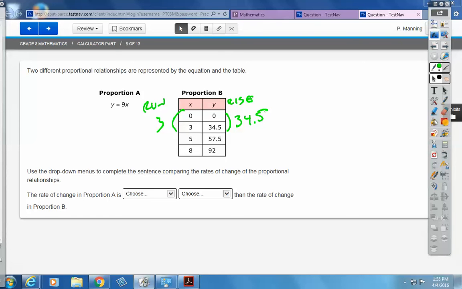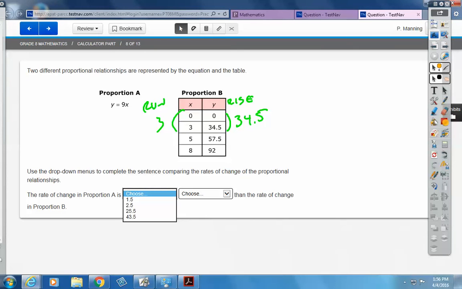And so let's go ahead and divide this out. Well, I should probably read the directions first. Use the drop-down menu to complete the sentence comparing the rates of change. So we have to find the rates of change, the slope. And this is going to be greater than or less than, I'm willing to bet.